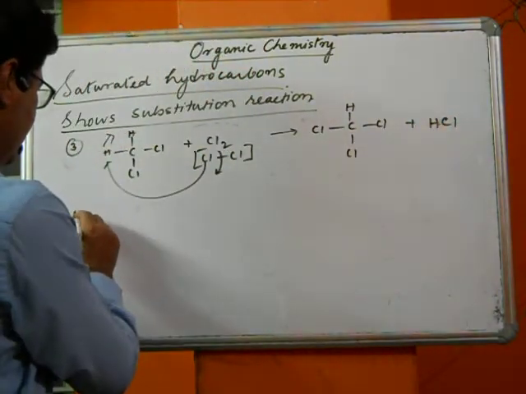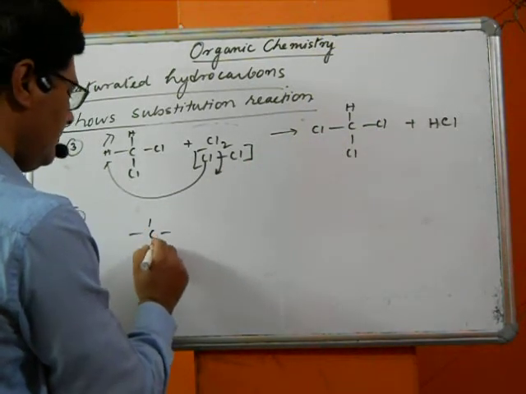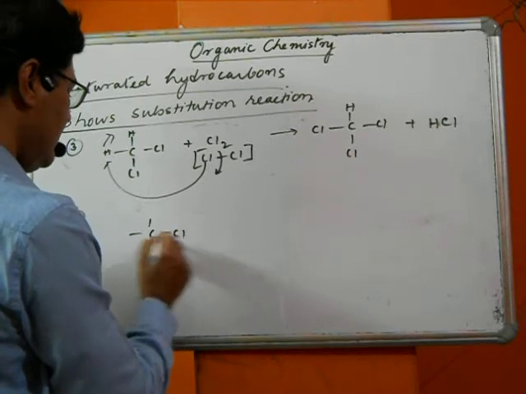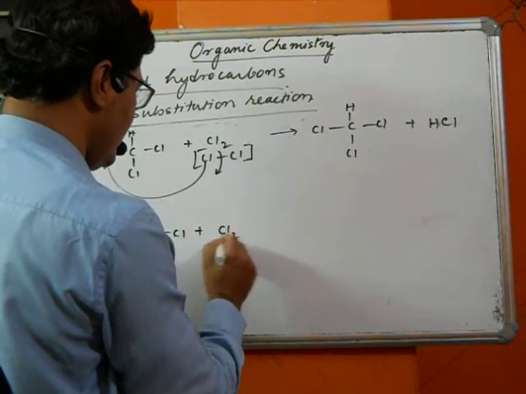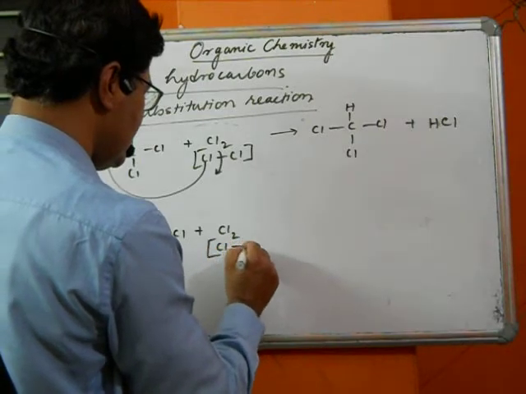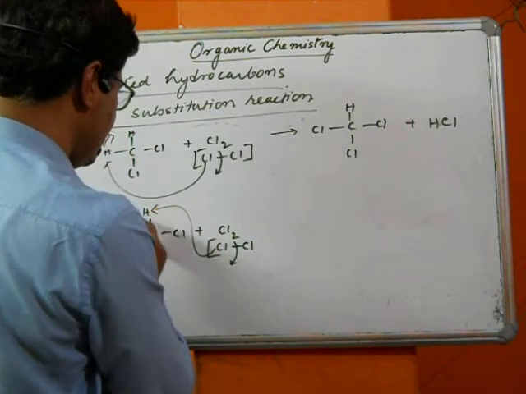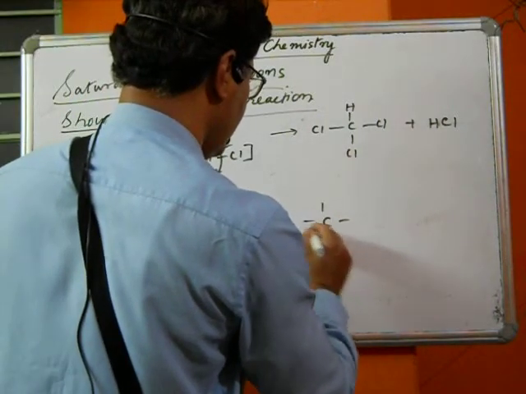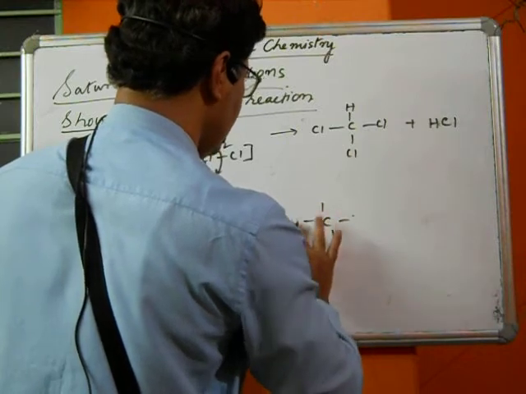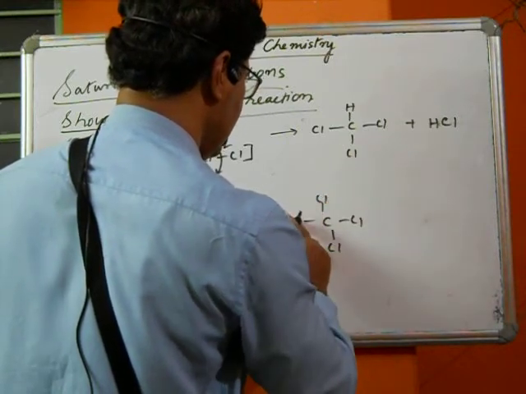Fourth step, what happens? Once again, this will come here. Cl, hydrogen is over here, combines with another chlorine. So Cl breaks over here. This goes and attacks this. This is pushed out, ultimately leading to the formation of this Cl.